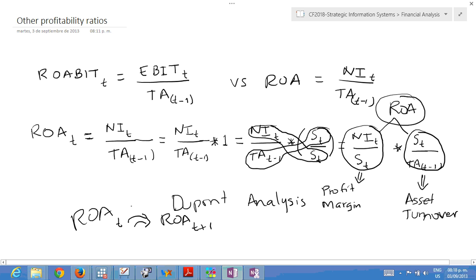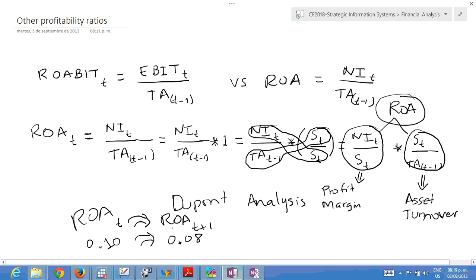Usually the ROA moves up or down, and a lot of times you want to know why. If in one specific year the company had, for example, 10% return on assets, and the next year it had 8%, then the investors are immediately going to ask what happened.